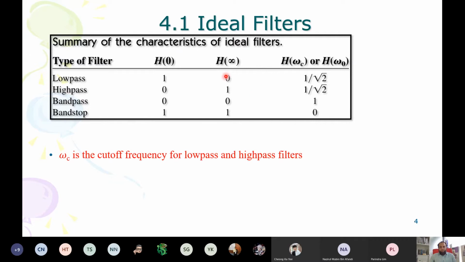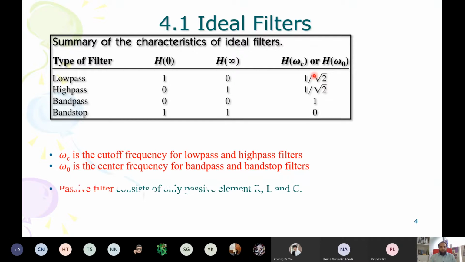Maybe we will use this table in analyzing the circuits later on. When we are analyzing the circuits, like what kind of filter is it, we will use this. We will be using omega 0 and omega infinity, and we'll see what is the magnitude and what is the corner frequency or cutoff frequency for that, the cutoff or the center frequency for that.